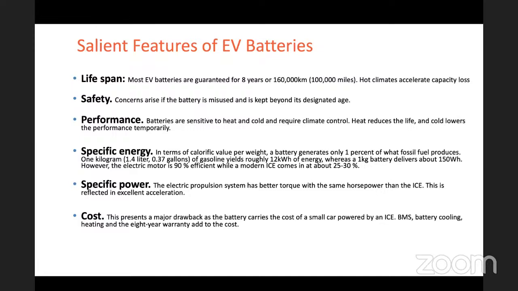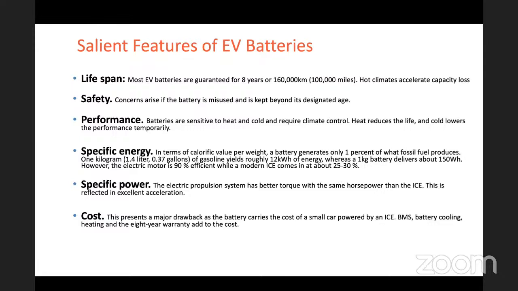Then specific energy. When you say specific energy and compare with our IC engine fuel, the energy generated out of 1 kilogram of battery is actually very low.